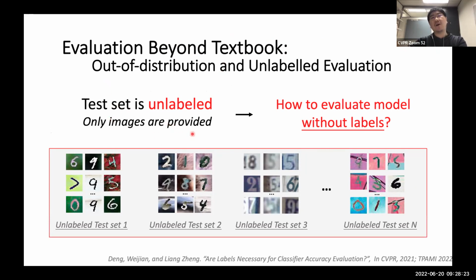That means we are only provided with test images. Let's see some examples below where we have unlabeled test set 1, unlabeled test set 2, unlabeled test set 3, and unlabeled test set n. We want to answer the question: how can we evaluate our models? How can we obtain our model accuracy in these unlabeled test sets? This is the question that we want to ask.